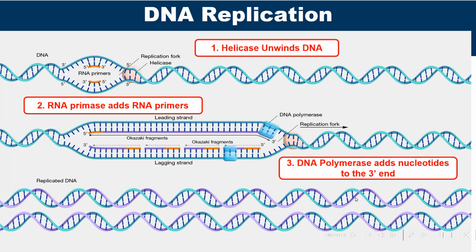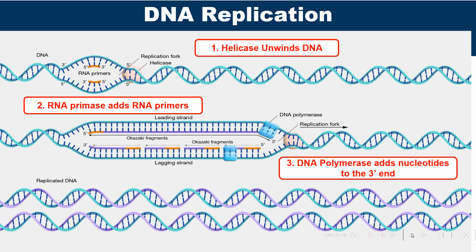Once those RNA primers are in place, then DNA polymerase right here can start adding nucleotides. So RNA primase will be putting these primers on here, and then once I have one, DNA polymerase can come in and start building that new DNA strand.